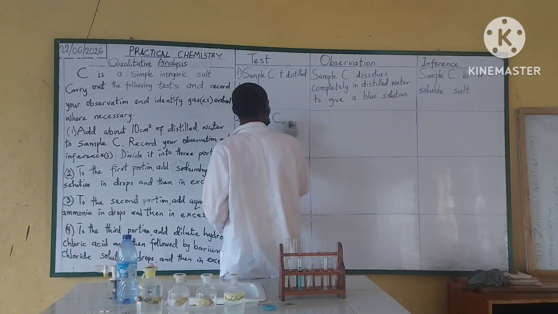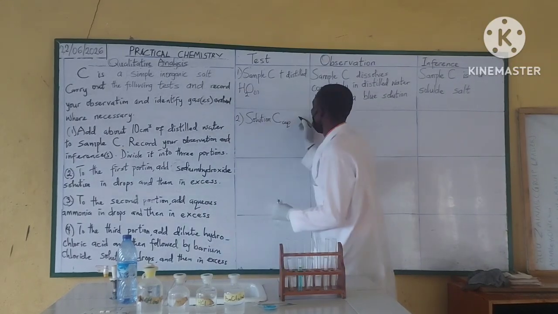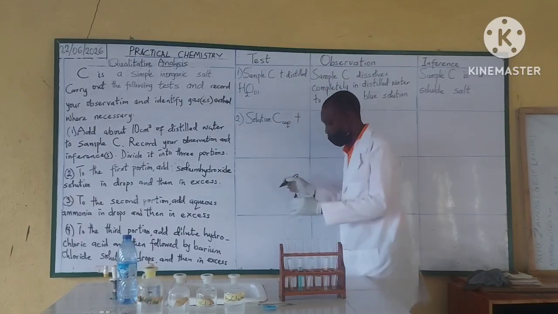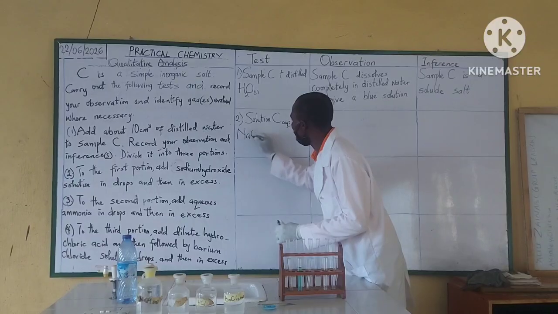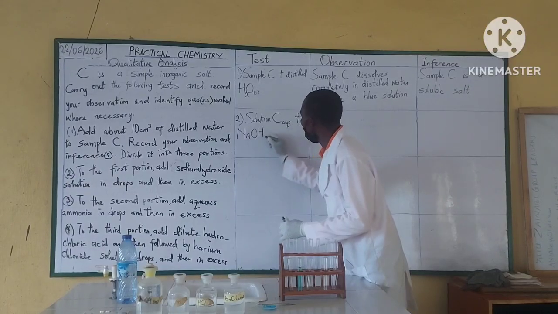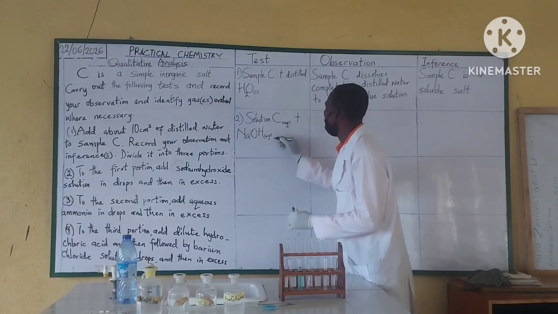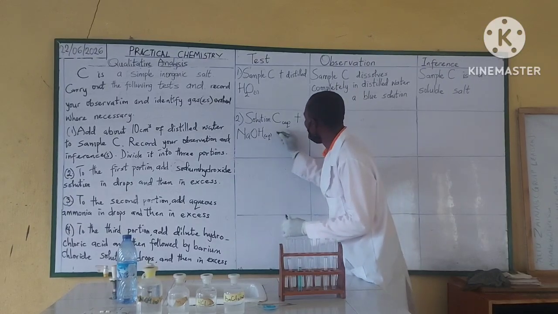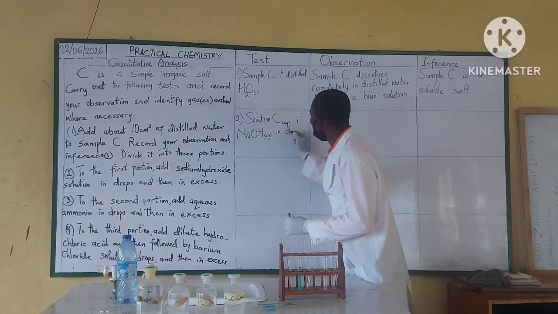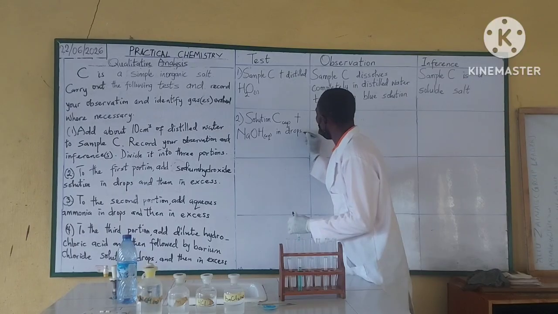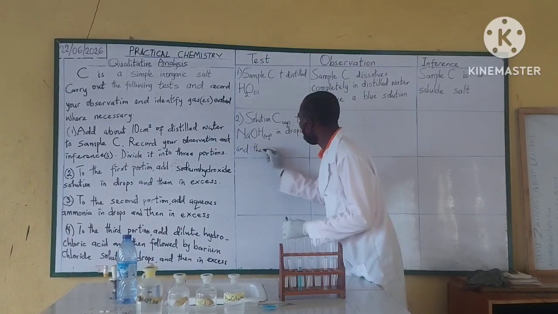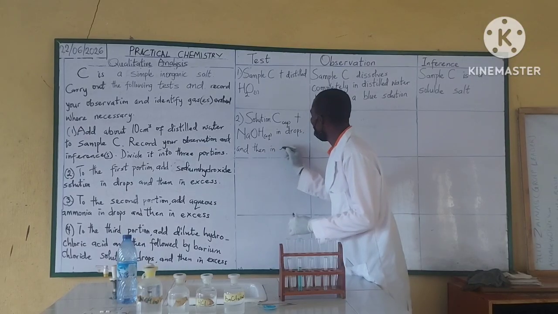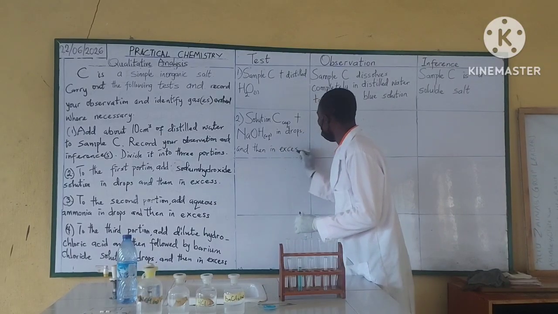Solution C in aqueous form plus sodium hydroxide. Sodium hydroxide, you put it there in aqueous form. Sodium hydroxide in drops, and then in excess.